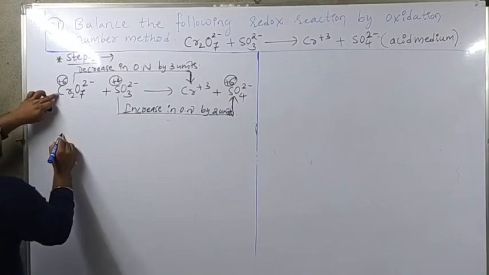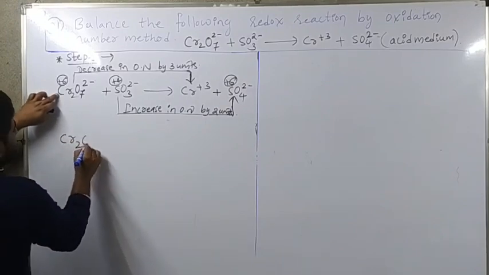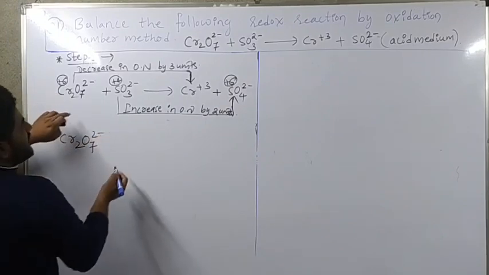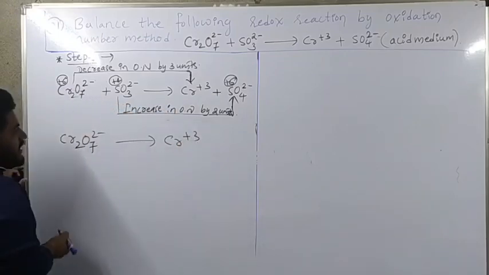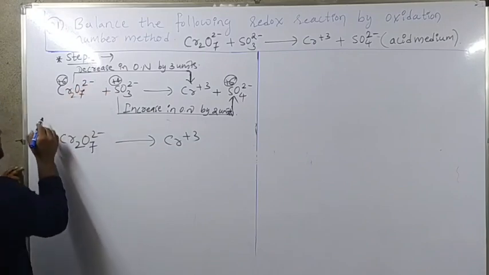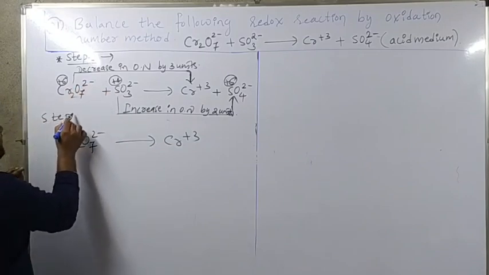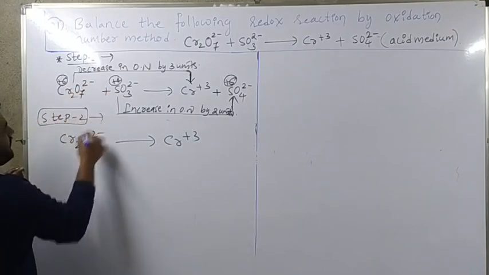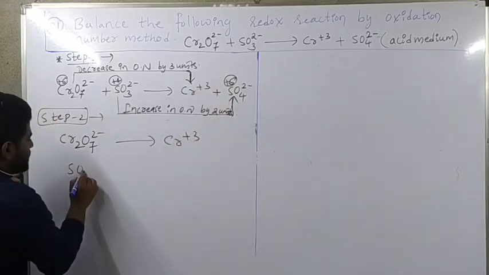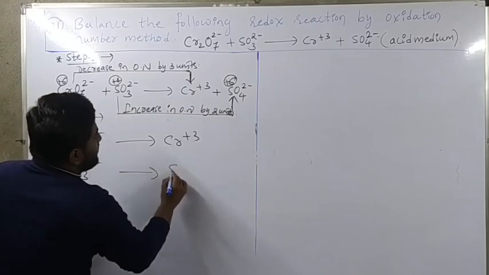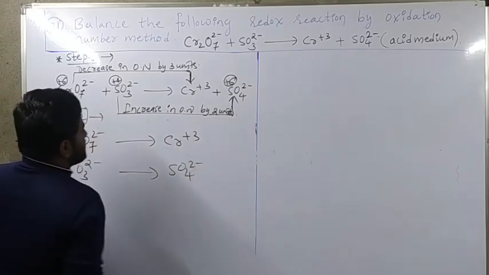See, first I will write the first half reaction, that is Cr2O7 2 minus, which is converted into Cr plus 3. Now the second one, SO3 2 minus to SO4 2 minus. This is step 2, guys.